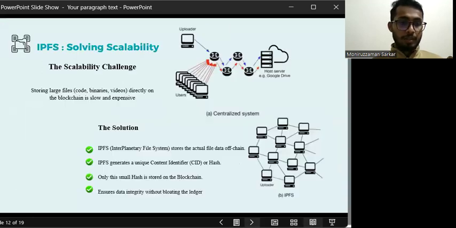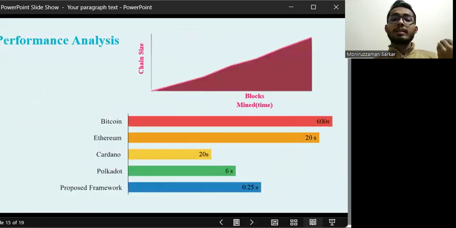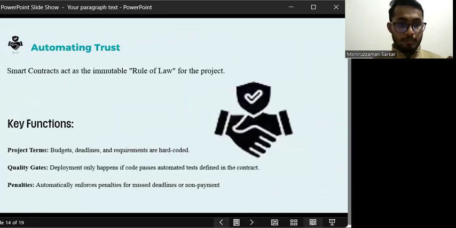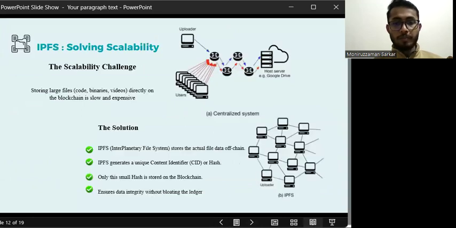So now I will describe the scalability solving process using IPFS. We already discussed that the scalability issue is one of the most major issues in the project development lifecycle.